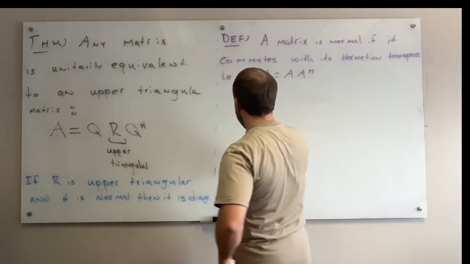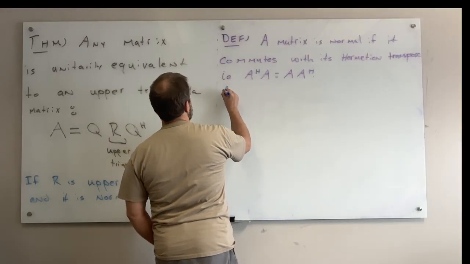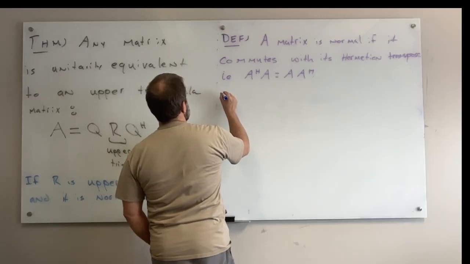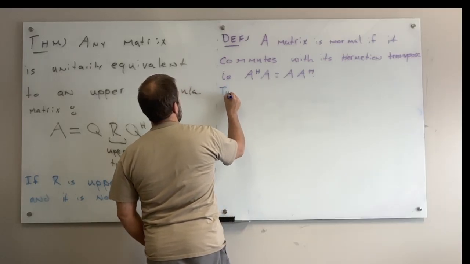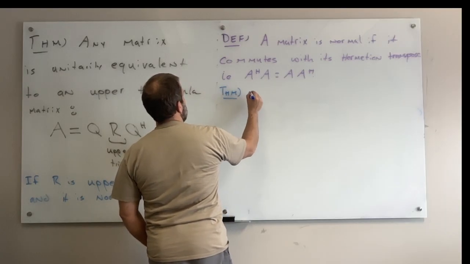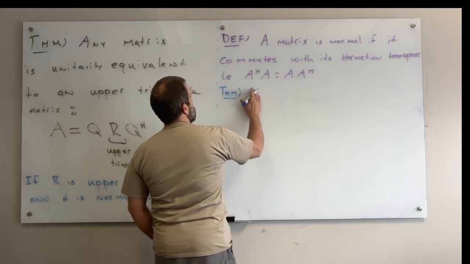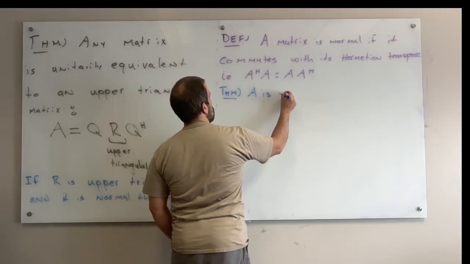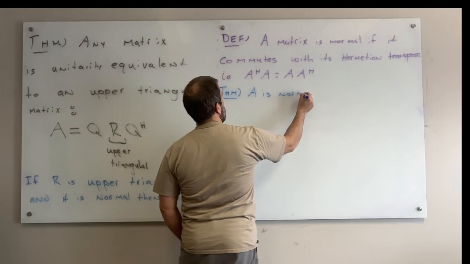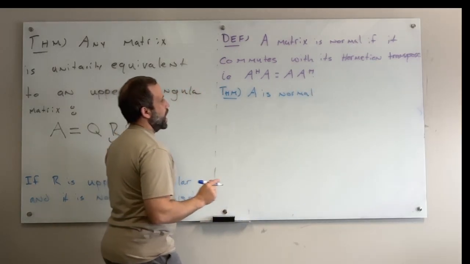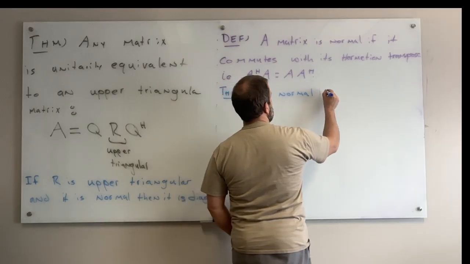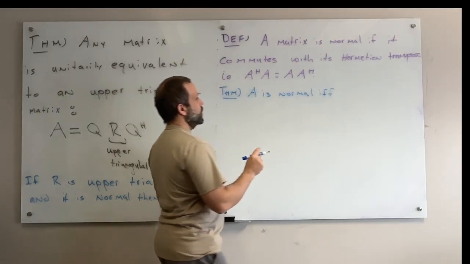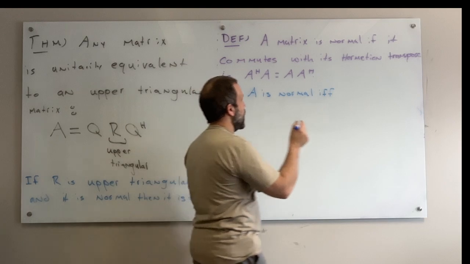So let me say this as a theorem. A is normal if and only if it is unitarily equivalent to a diagonal matrix.